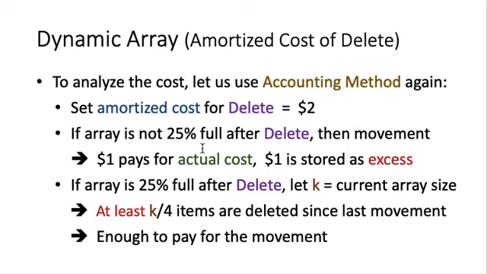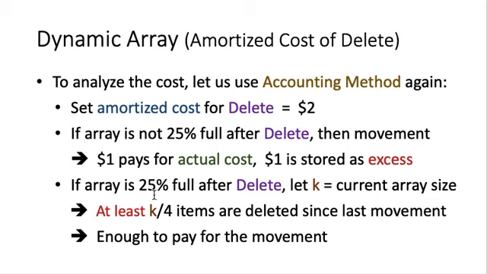When there is no movement, $1 pays for the actual cost, and $1 is stored as an excess. Here, this is tricky. The excess is not associated with an item, but it is associated with a deleted item somehow. Although it's not there, whenever there is a deletion, there is $1 saved.